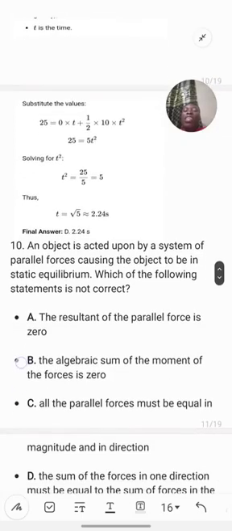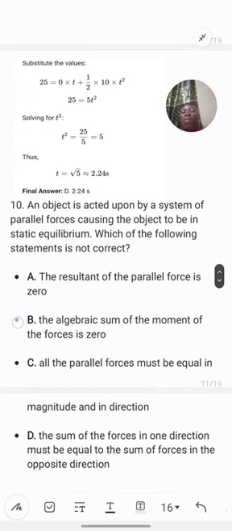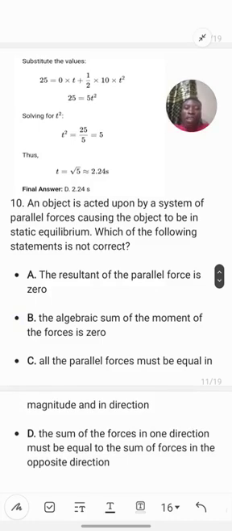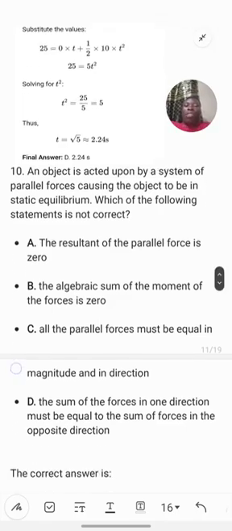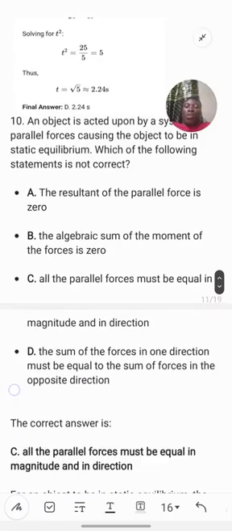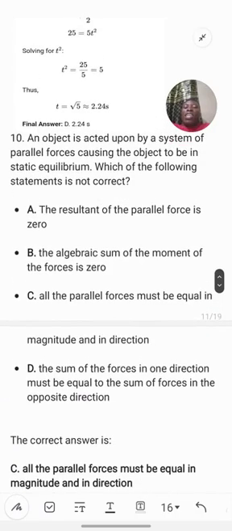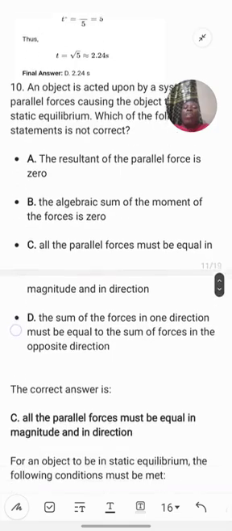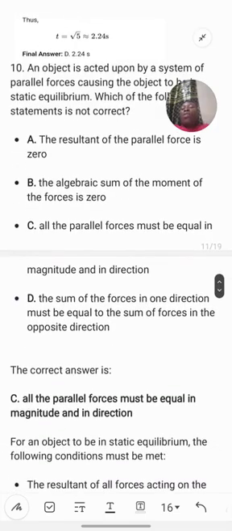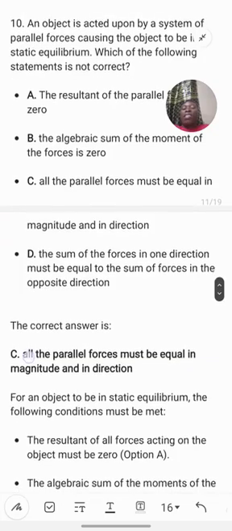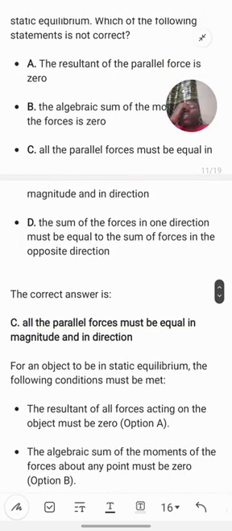Then again, say an object is acted upon by a system of parallel forces causing the object to be in static equilibrium. Which of the following statements is not correct? When an object is in static equilibrium, the following conditions must be met.